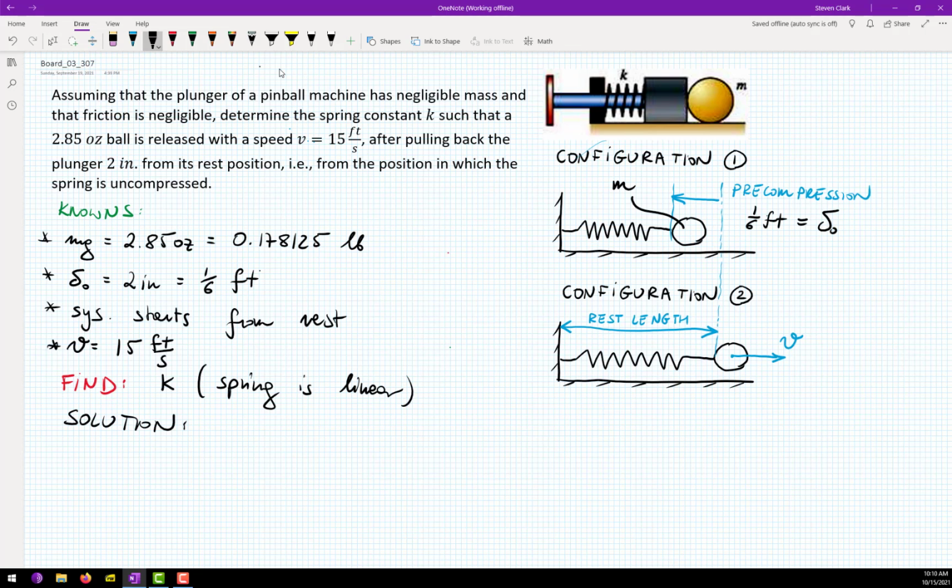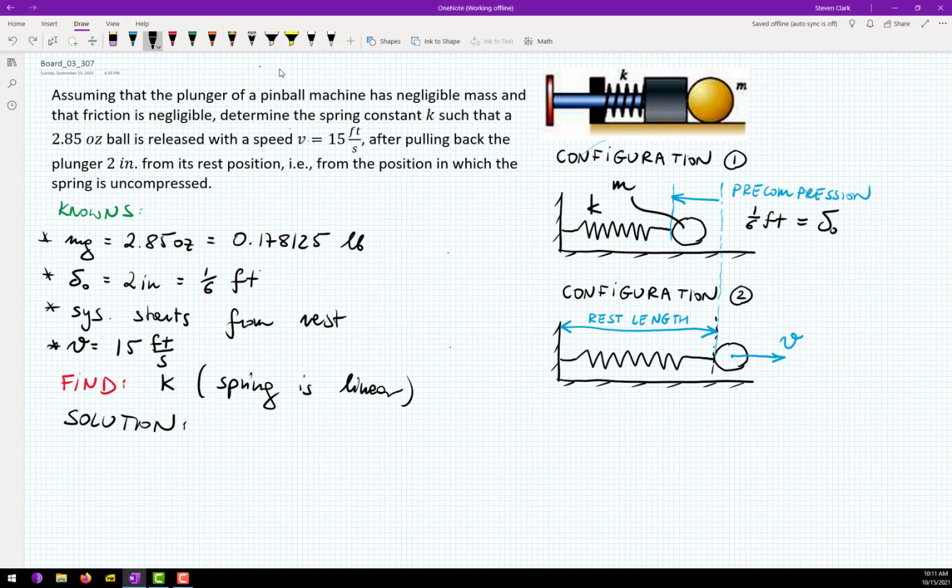And it is released from rest, so the initial velocity is 0. In configuration 2 they will separate, so our ball will stop touching the plunger of the pinball. They asked us to find k of that spring, so I should put k in here, so that our pinball has a certain velocity.